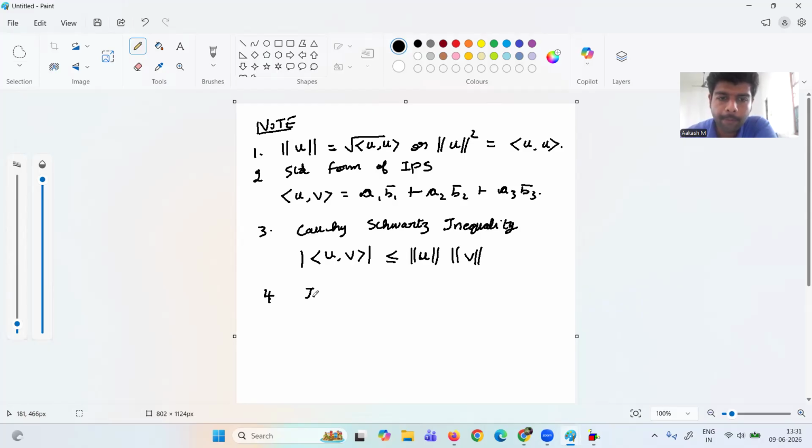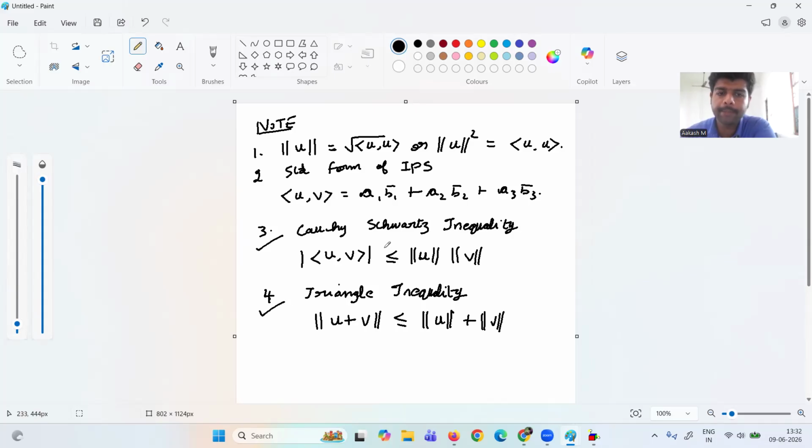Final one, triangle inequality. Norm of u plus v is less than or equal to norm of u plus norm of v. So both these inequalities are very important.